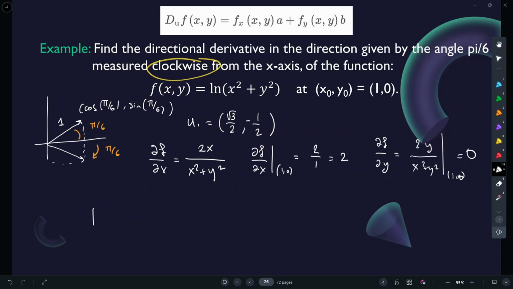Then the directional derivative of f, in this case, will be the derivative with respect to x, 2, times the square root of 3 over 2, plus the derivative with respect to y, 0, times minus 1/2. So that is 2 times the square root of 3 divided by 2, which is the square root of 3.